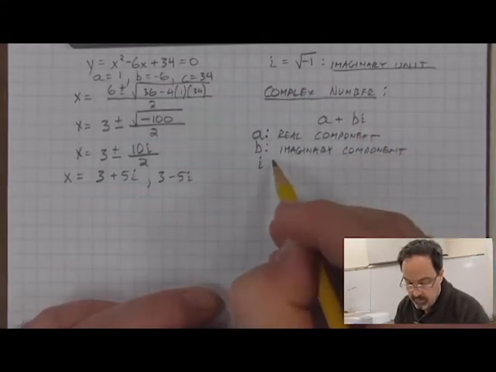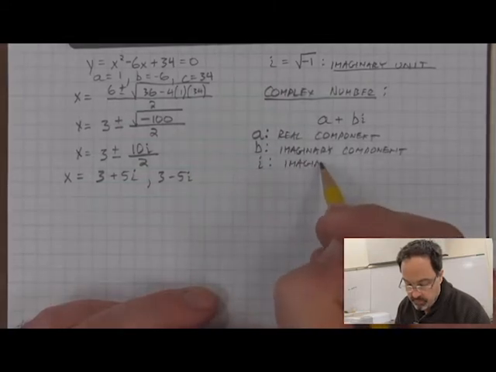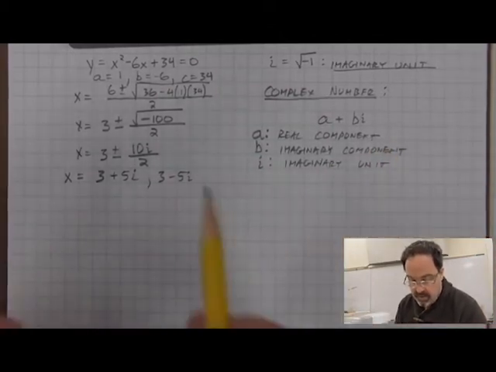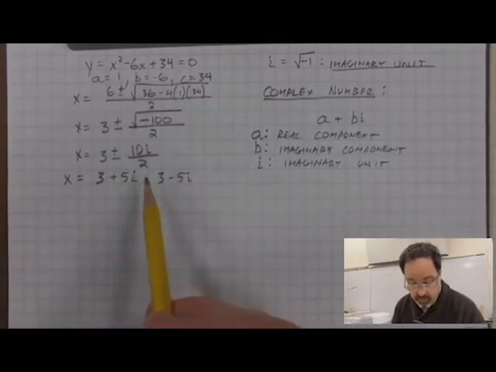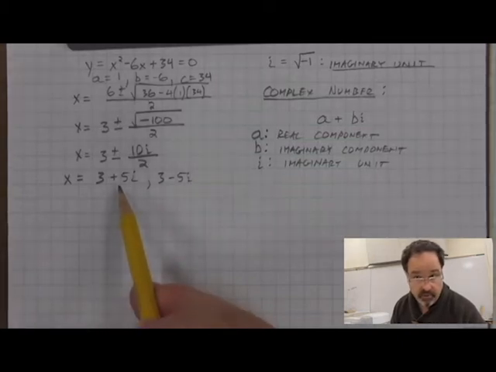And i is grouped with the imaginary component. It's the imaginary unit. These solutions are 2 values, and each of these values contains 2 components to express this complex solution.